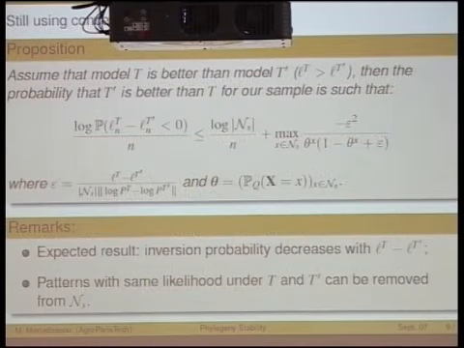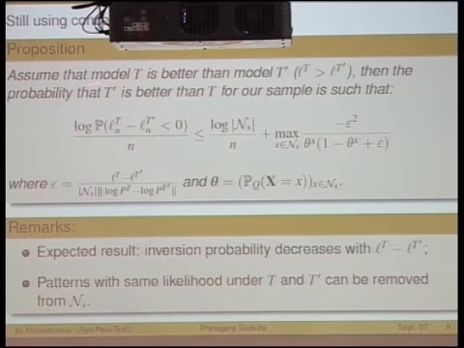So using exactly the same tools as before, we obtain this result, which says that if you have a model T that is better than a model T prime, in the sense that it has a higher likelihood score than the other one, then the probability that the lower score model is better than the other one for your data set satisfies this inequality.